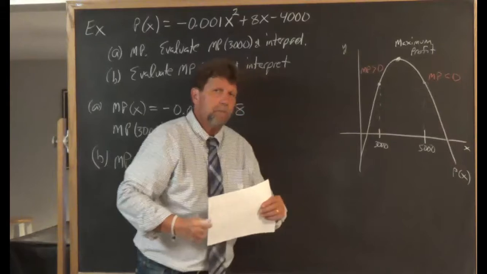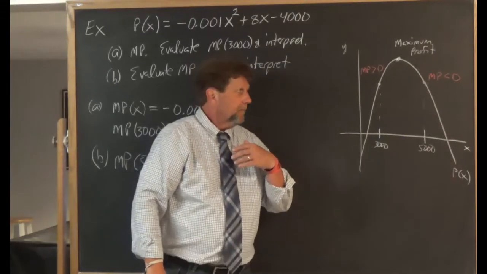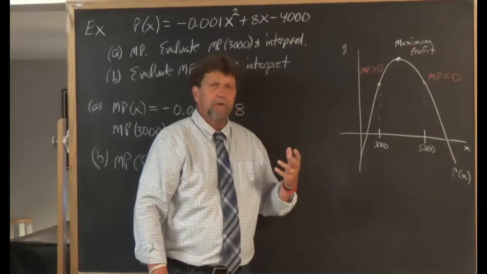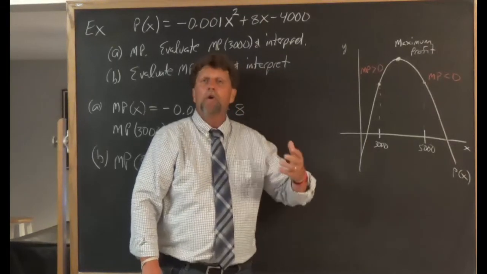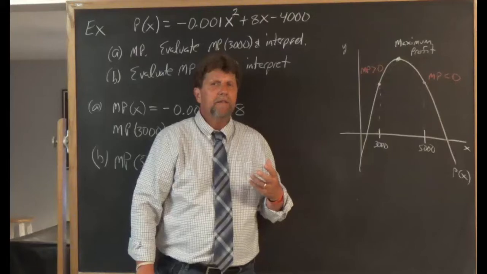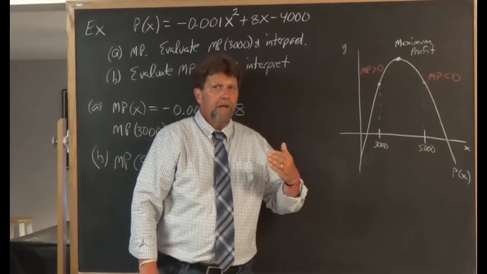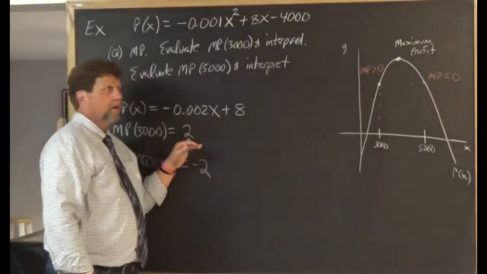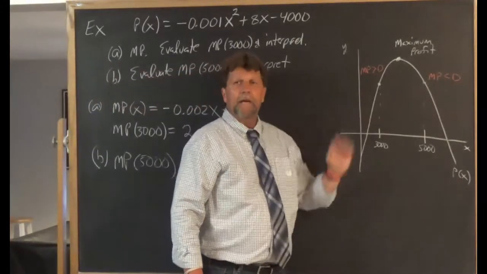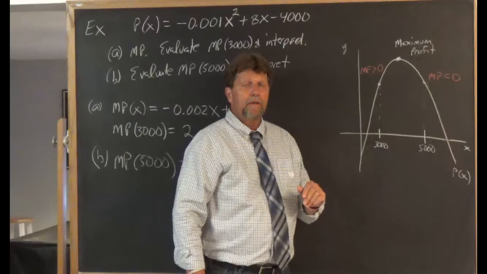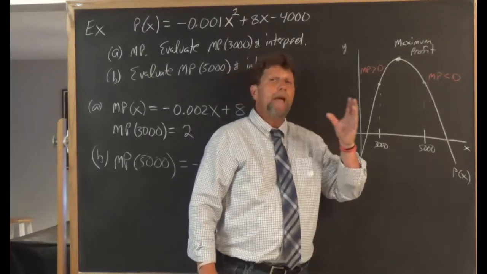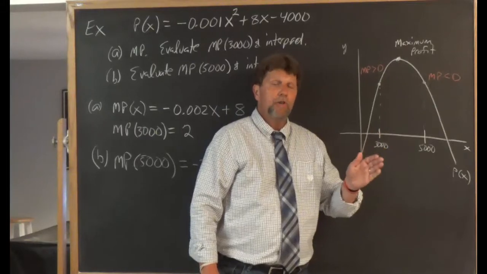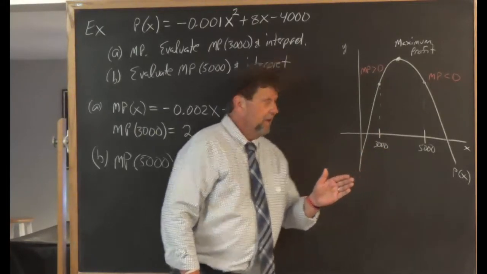And here's how I always interpret it. If I work for this company and the boss says to me, hey, we're currently making 3,000 bobbleheads, should we increase production? Well, if I know marginal profit is a positive number, I'm going to say yep, increase production. But if we're making 5,000 and the boss asks me, should we increase production?